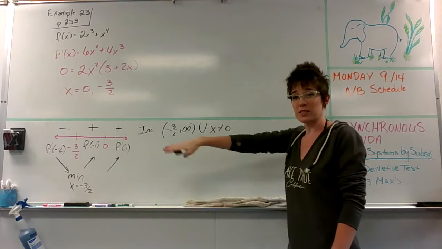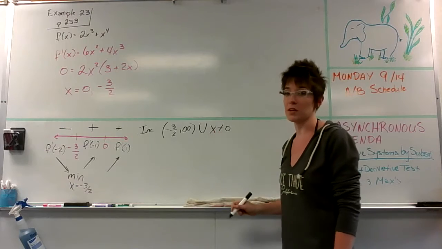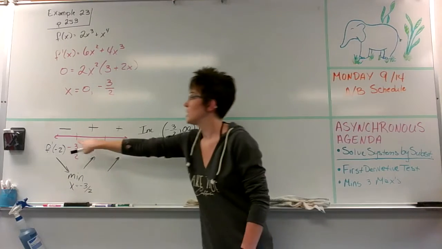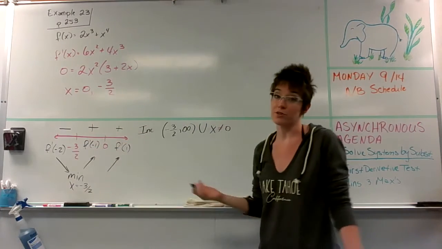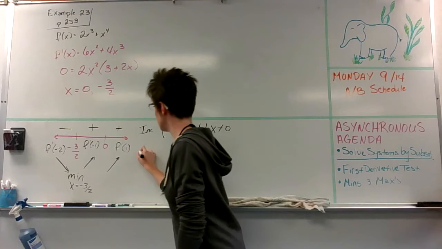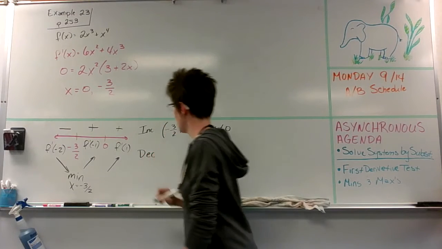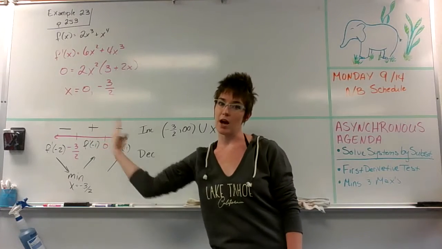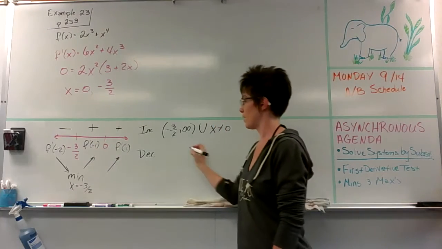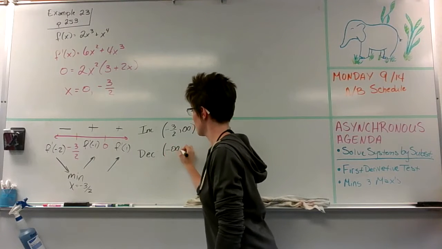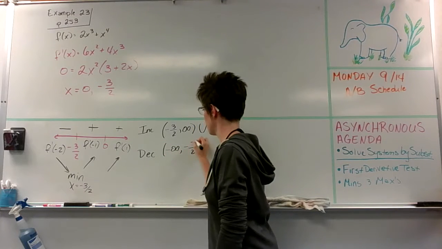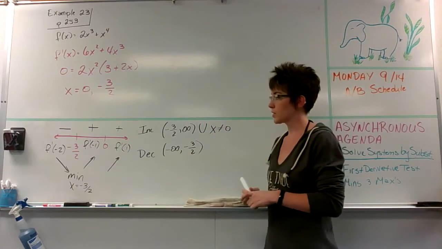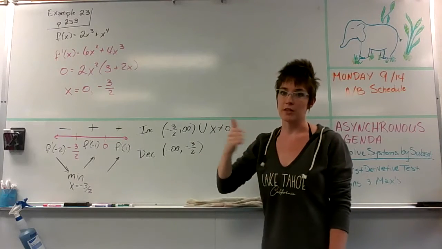Because again, when a slope is 0, you're not increasing or decreasing. You could write it like this, or you could do each individual interval like that, whichever one you prefer. And then for intervals of decrease, that's everything from negative infinity up to negative 3 halves. Okay, so all of our first derivative stuff, done, check.